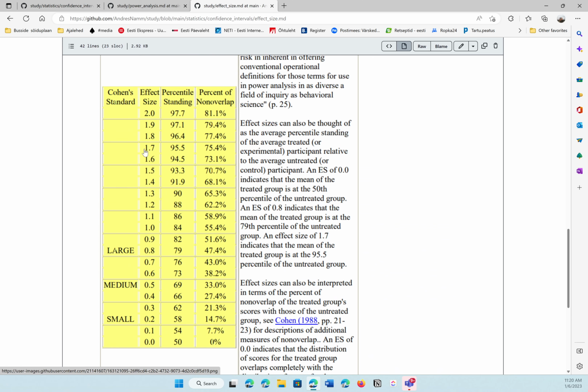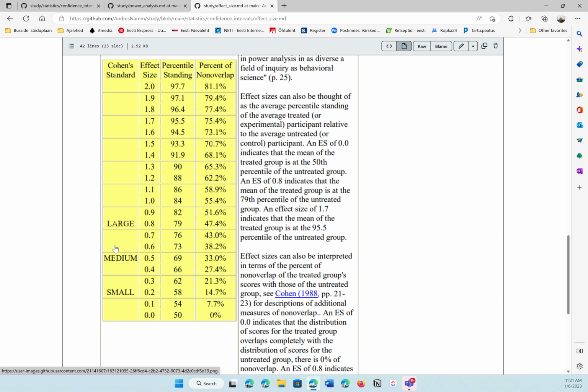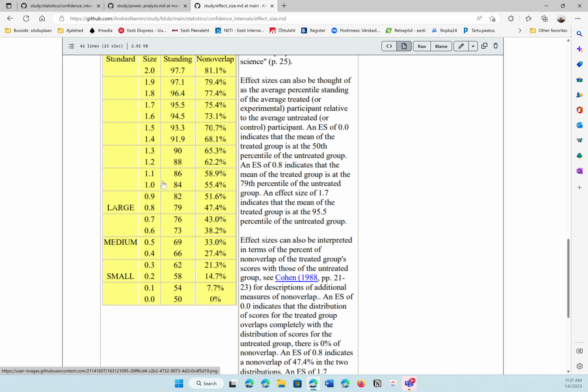This effect is, for different scientists and different people, a little bit of a subjective value. But Cohen also brought out that for effect values that we calculate, there is a classification of small effect, medium effect, and large effect. So here it says that an effect above 0.8 is considered as large.